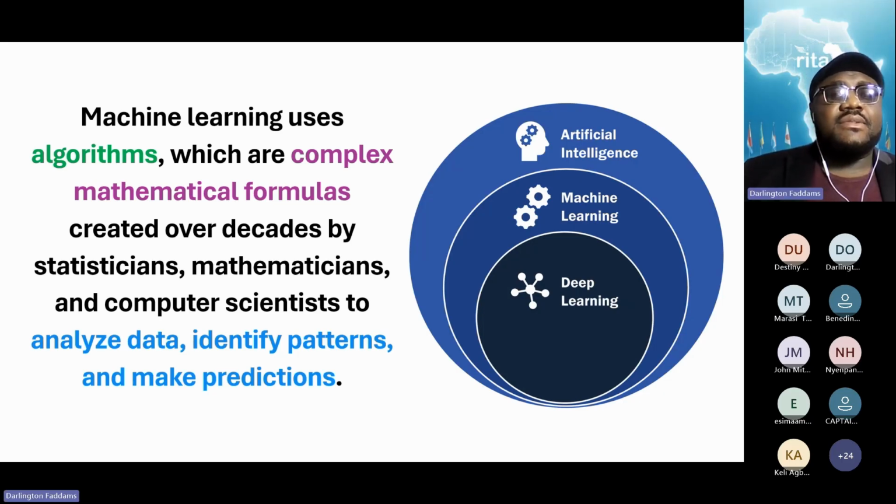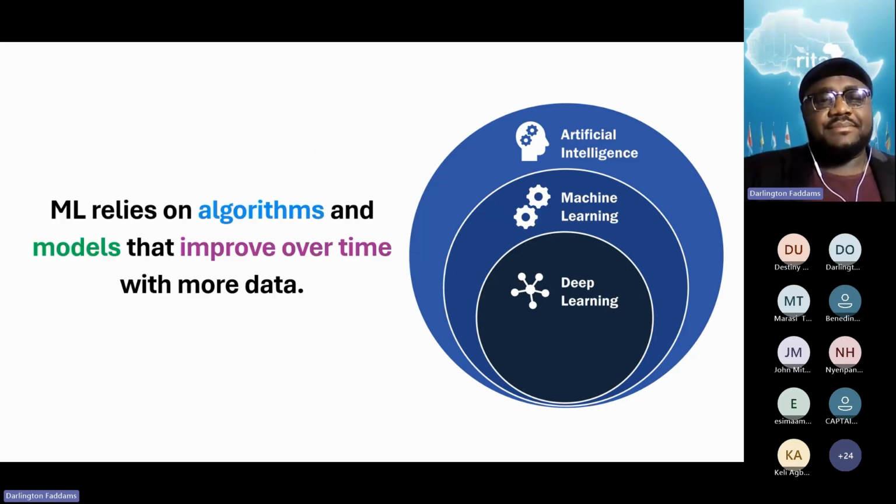Now, sometimes algorithms will be interchanged with the word model, so you have to look at the context very well so that you know whether we are actually talking about an algorithm or a model. These algorithms are complex mathematical formulas created over decades by statisticians, mathematicians, and computer scientists to be able to analyze data, identify patterns from data, and make predictions from data.